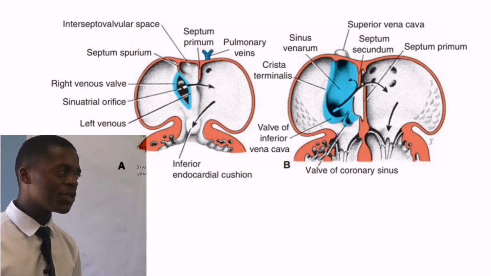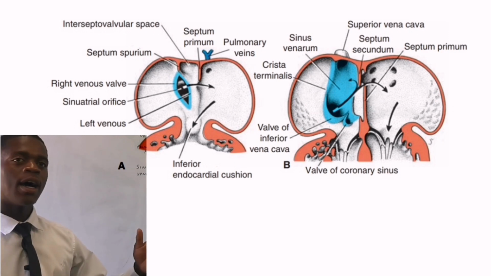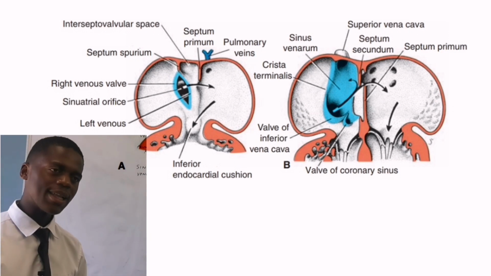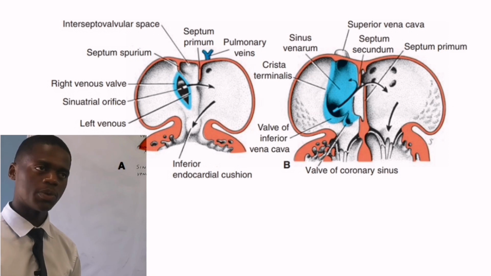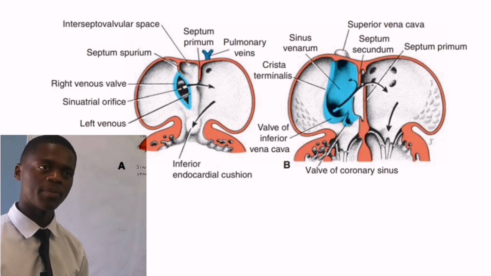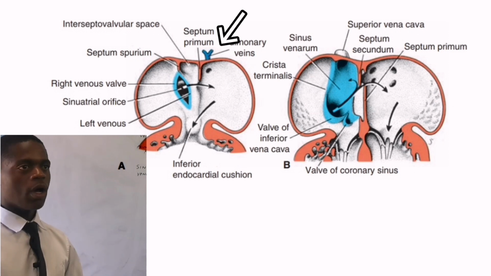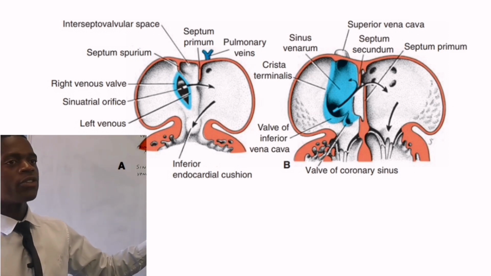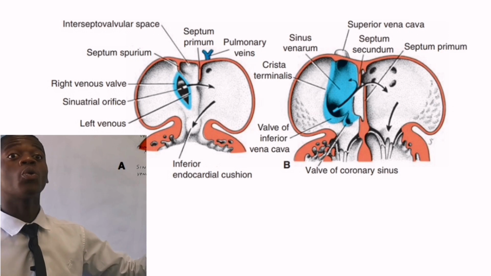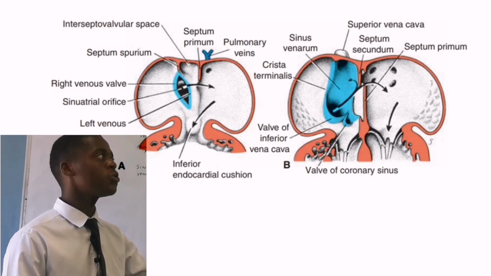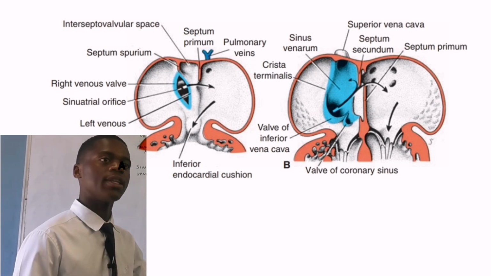We need to know that when we are undergoing septation, just lateral to the septum primum, we form our initial pulmonary vein. This initial pulmonary vein is going to form around the time we are forming our lung buds, and it's going to extend from the heart to the lung buds.